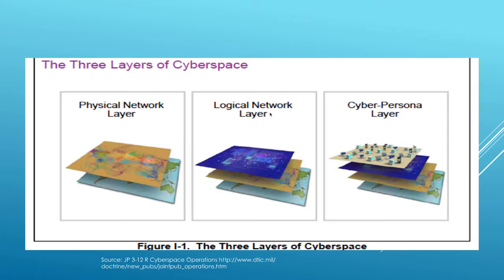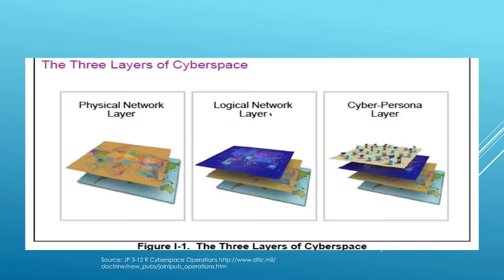The 3 layers of cyberspace are shown here. The physical layer refers to buildings, data centers, computers, servers, cables, wires, antennas.